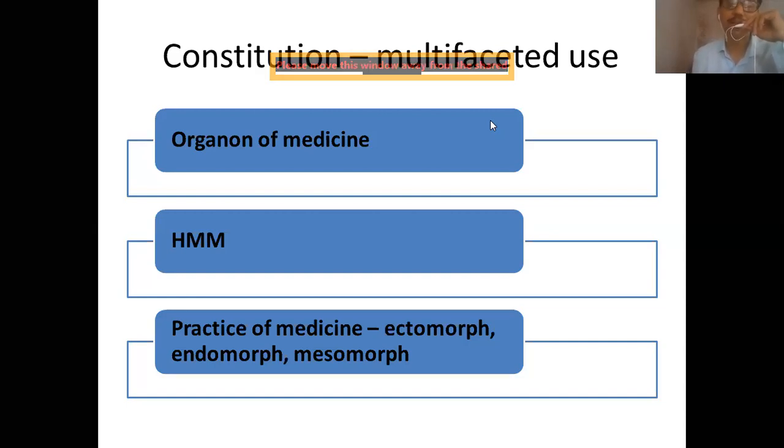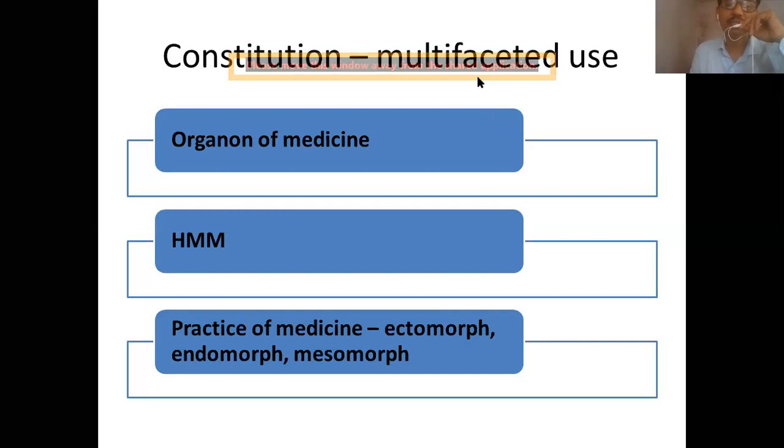Like ectomorph is a lean person with less muscles. Then endomorph is an average build, neither thin nor strong, with a moderate development of bone. Then mesomorph is well muscled, with good height and good bone.